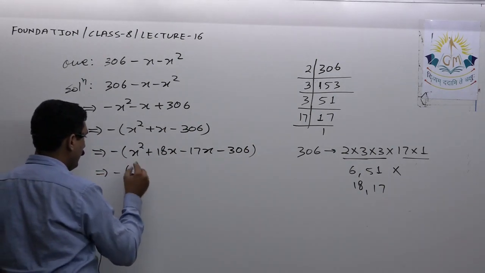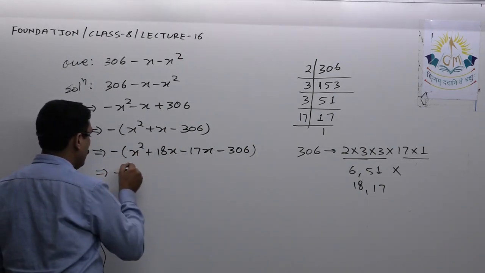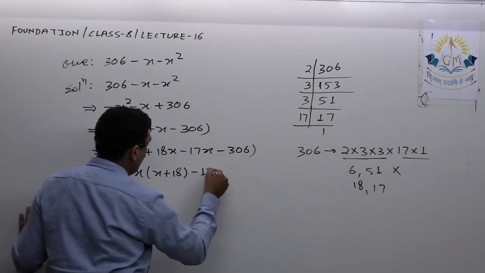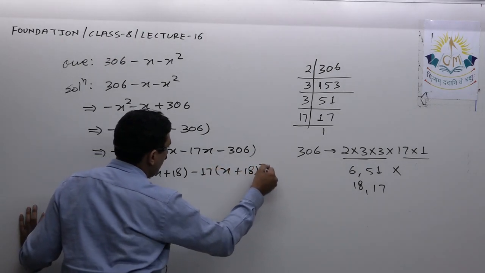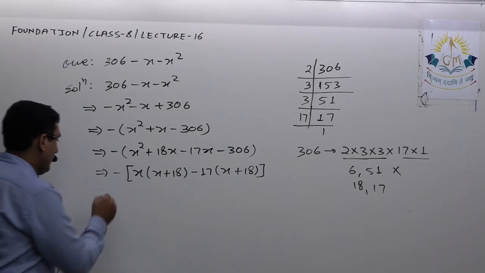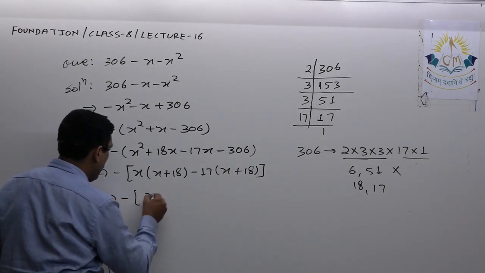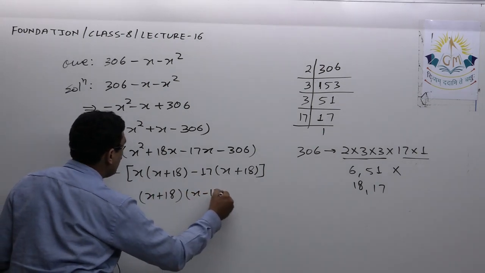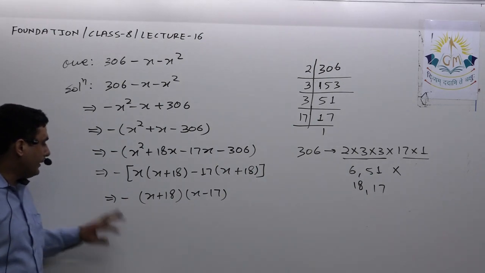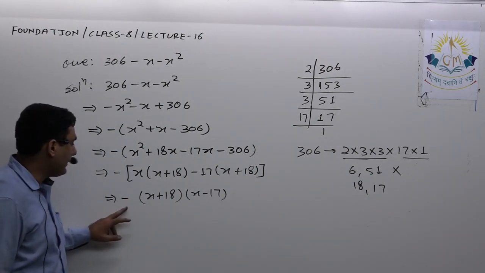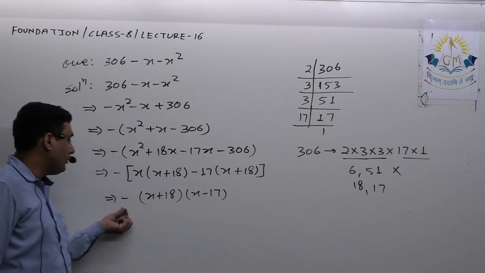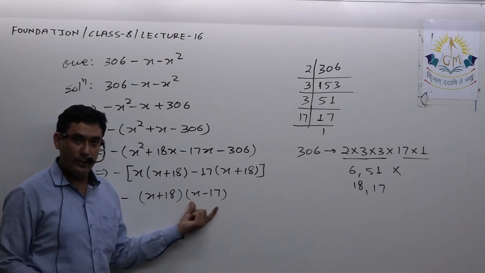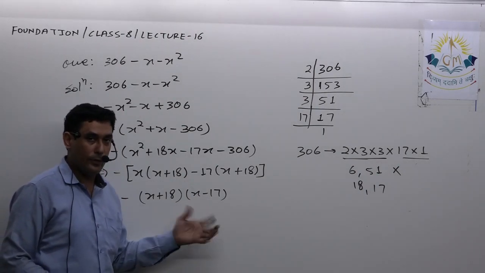Okay, so the minus sign remains as it is. Now from these two I can take x common, so x plus 18 minus 17 common, so x plus 18. Okay, now from these two I can take x plus 18 common, so here I am left with x minus 17. Okay, and as I told you earlier, we never keep this minus sign outside, especially whenever we have an expression in which the signs are opposite to each other.